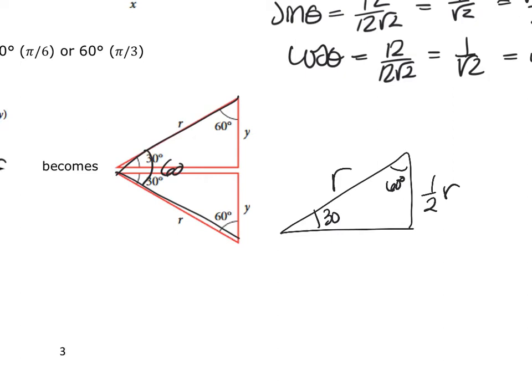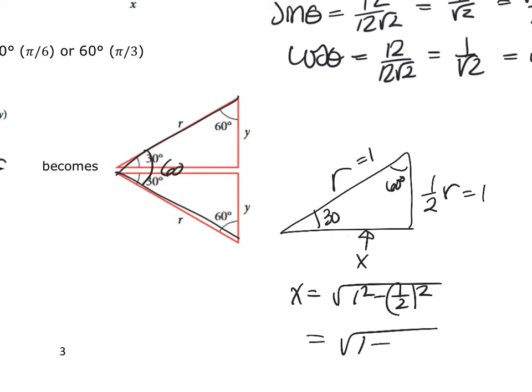If I want to find what this missing side is right here, then I'm going to use Pythagoras' theorem. Now remember, we are looking at R being 1, so let's do this with a radius of 1, but it wouldn't have mattered. We'll still get the same thing. If I want to find that missing piece, it would be either X or Y. I'm going to call it X. And so my X is going to be the square root of 1 squared minus 1/2 squared.